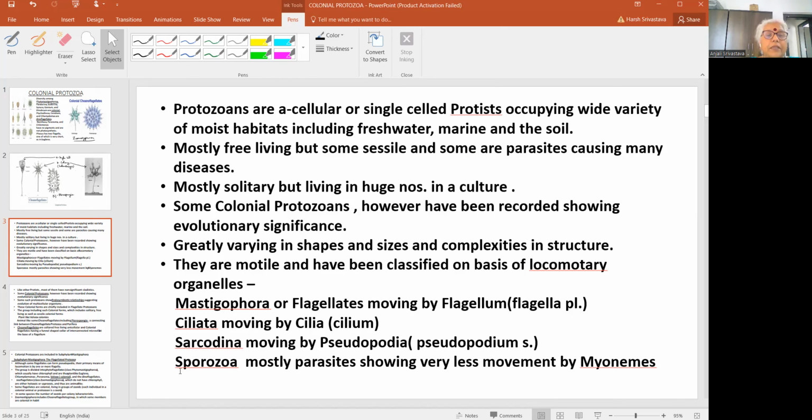And the last class includes the parasitic protozoans. They don't have very specific locomotory organs, but they show movement to a very small extent with the help of myonemes or fibrils. So these are the protozoans.